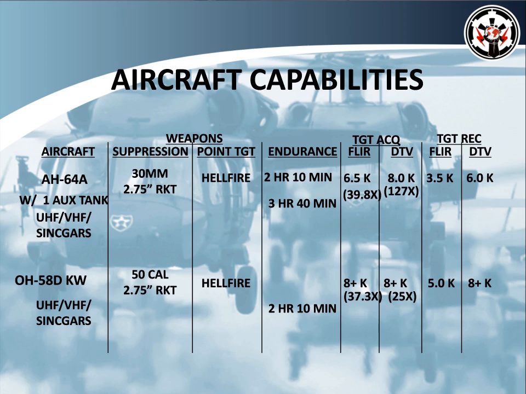Now we have digital information transfer, which is a data link. Okay, so one aircraft has the capability of data linking the information to another aircraft. And again, can the enemy triangulate? It's a little bit harder to try to triangulate because you're not doing a solid burst.